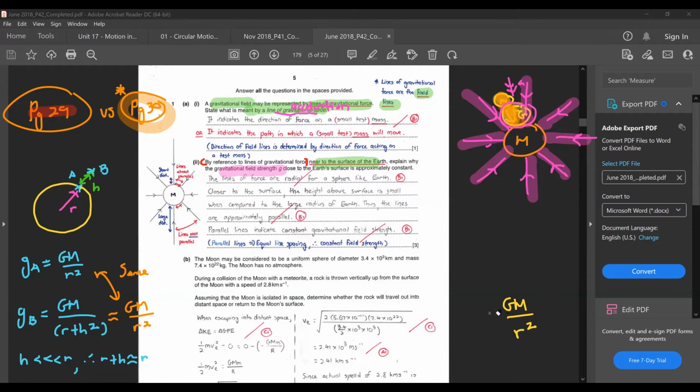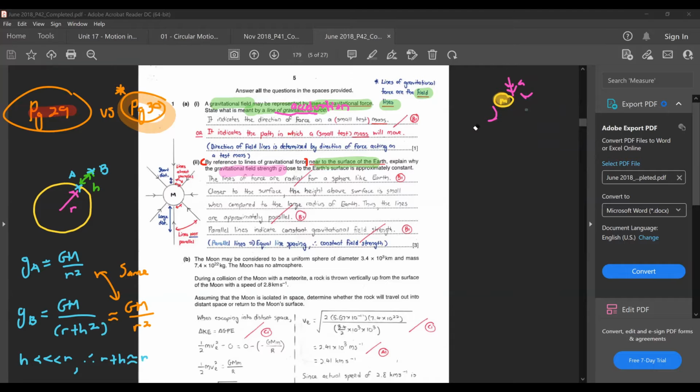Why can we say that for very small height near the surface, we can assume that gravitational field strength is constant? Okay, so it kind of makes use of what we learned in the first part of the lesson. I mentioned to you that field lines are a measure of field strength.